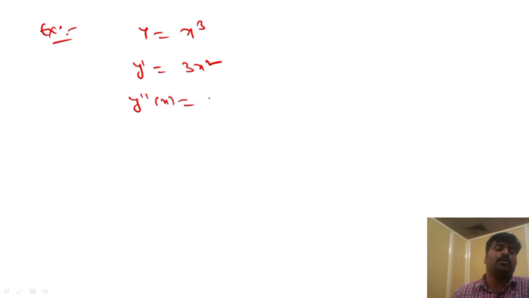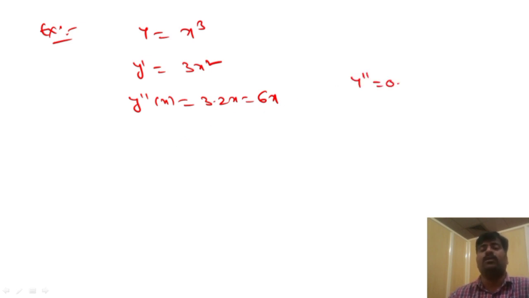I will give you an example. A very simple example: we'll take y equal to x cube. y dash of x is 3x square. y double dash of x is 3 into 2x, that will be 6x. Now equating y double dash of x to 0, 6x is 0, which means x equal to 0.